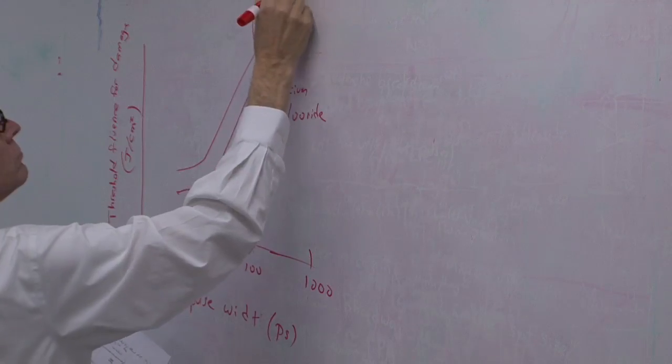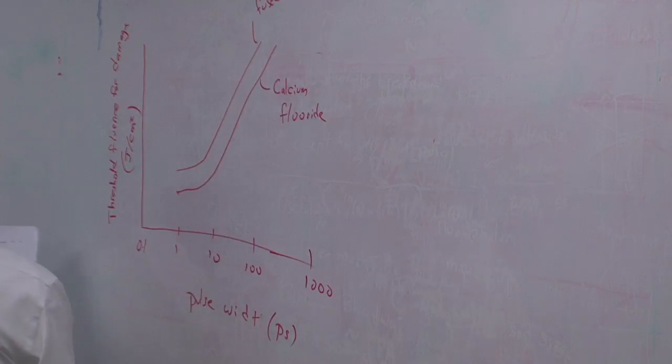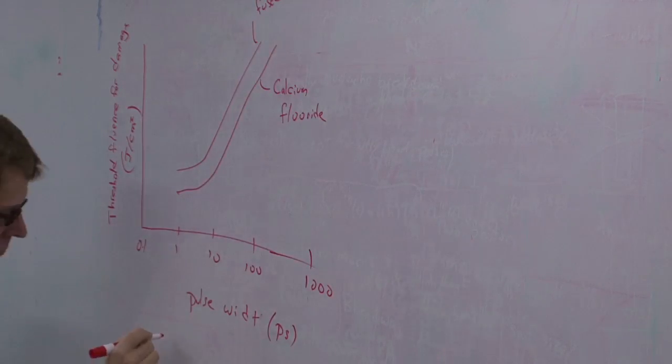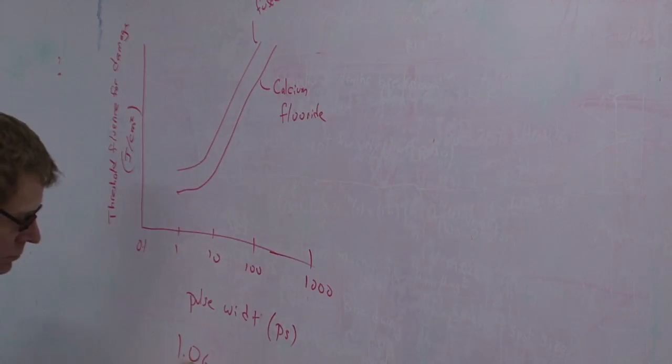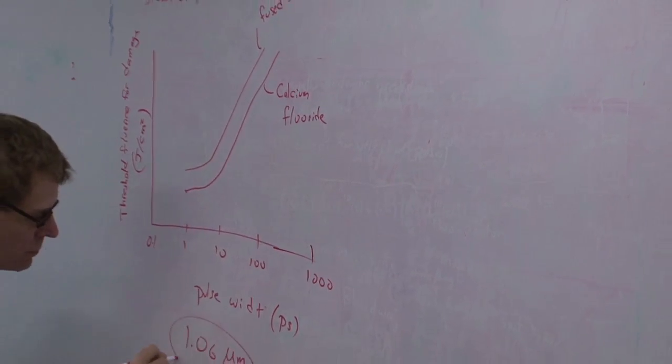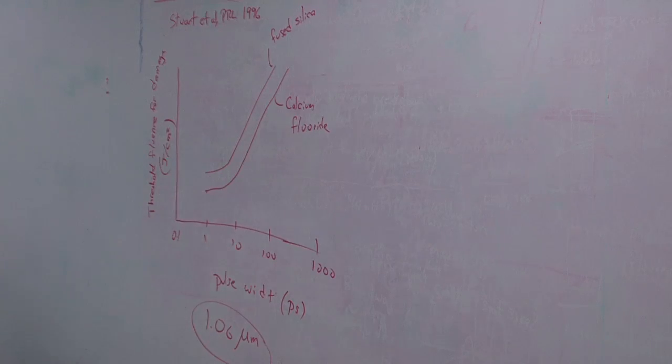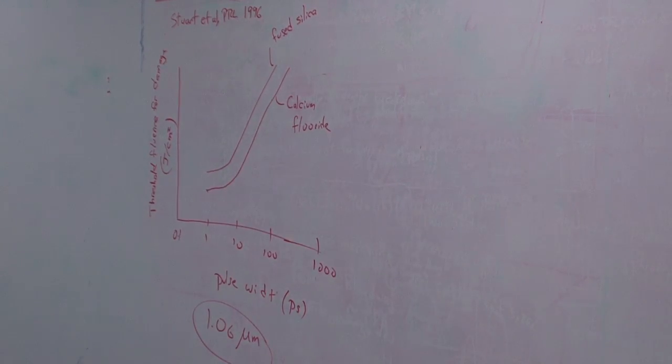What wavelength? 1.06 microns. It might not be fair to say that Ti:sapphire hadn't been invented, but it was not in prominent use at that time.